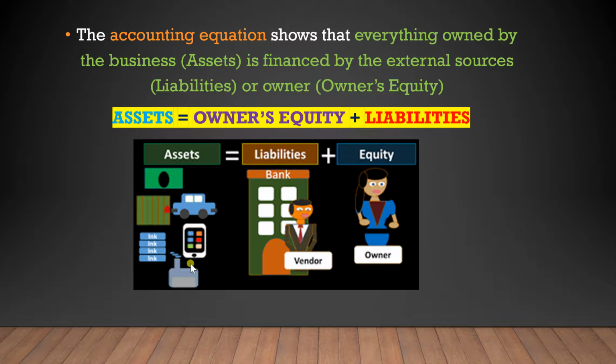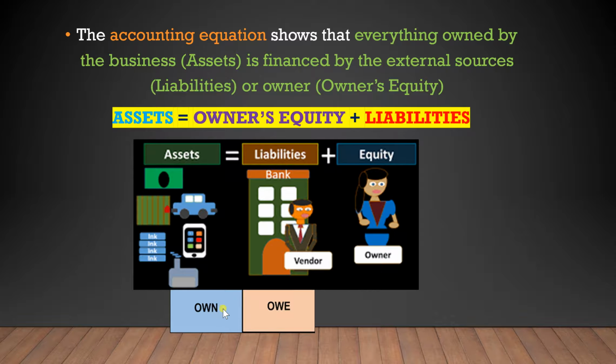So all the assets owned by the business, for example the car, the office equipment, cash and all that, are financed either by the owner who brings in to the business, or by the liabilities. For example, the car is financed by the bank loan, and so on. So what the business owns is equivalent to what it owes.